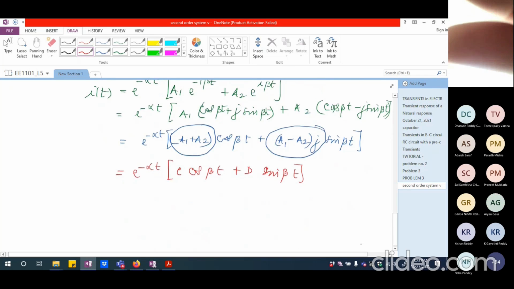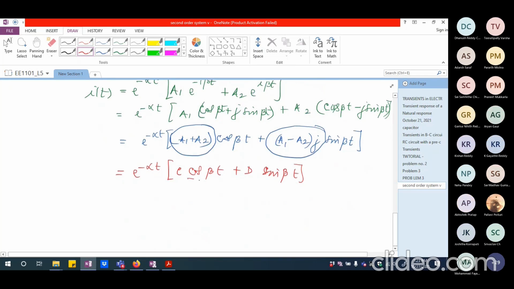So this is actually an oscillatory function that we are going to get, which is having cosinusoidal and sinusoidal functions. And c I can write as some A sine, and this I can write as some A cos.